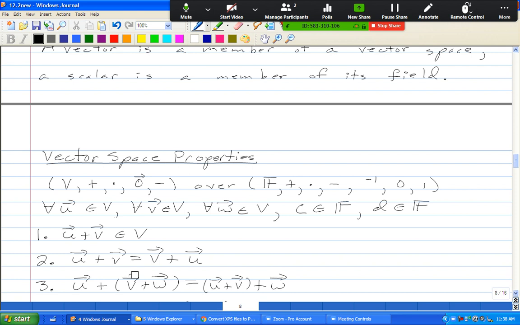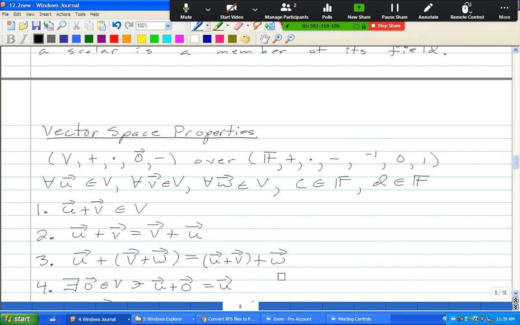So U plus the sum of V plus W is equal to the sum of U and V plus W. Next, there exists this nullary operation that takes nothing and gives you a member of the vector space.